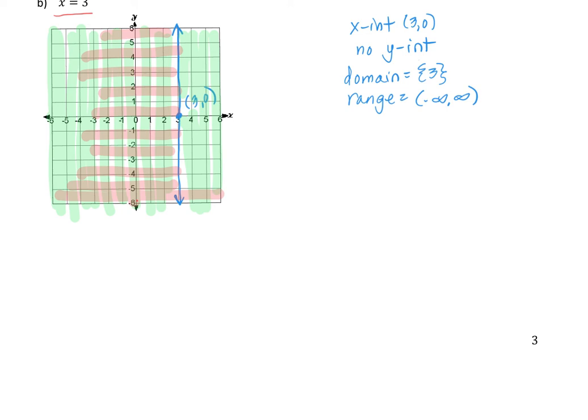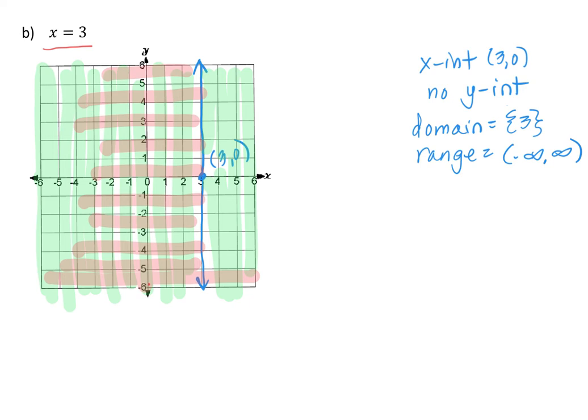And here I don't have a table of values, so I'm going to need 2 points. I could make a table of values, or I could simply pick any point on my line. I have the point 3, 0. Let's pick a nice positive point. Why don't I go with 3, 3?